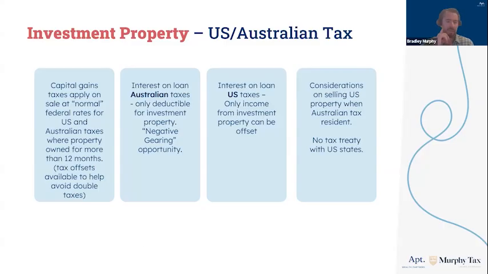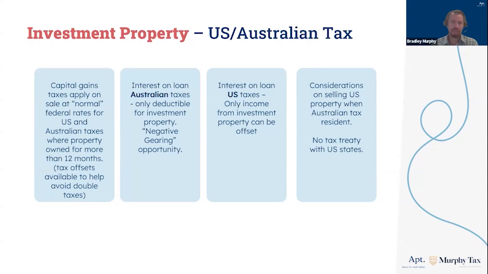The other point is that the 50% discount that Australian residents get is not available for the period that you're a non-tax resident and own Australian property. So just be mindful, it's normally a little more tax effective to be an Australian tax resident and own Australian property, given you get more discount when you sell the property.